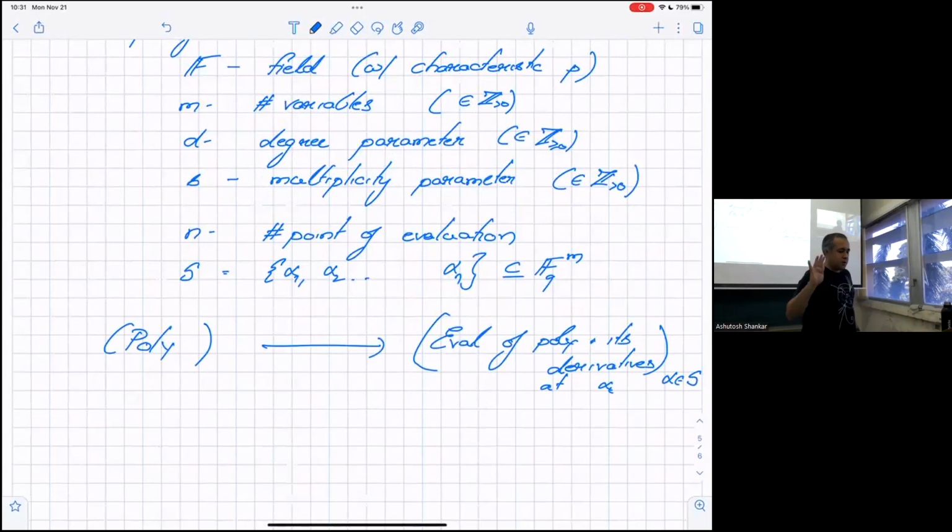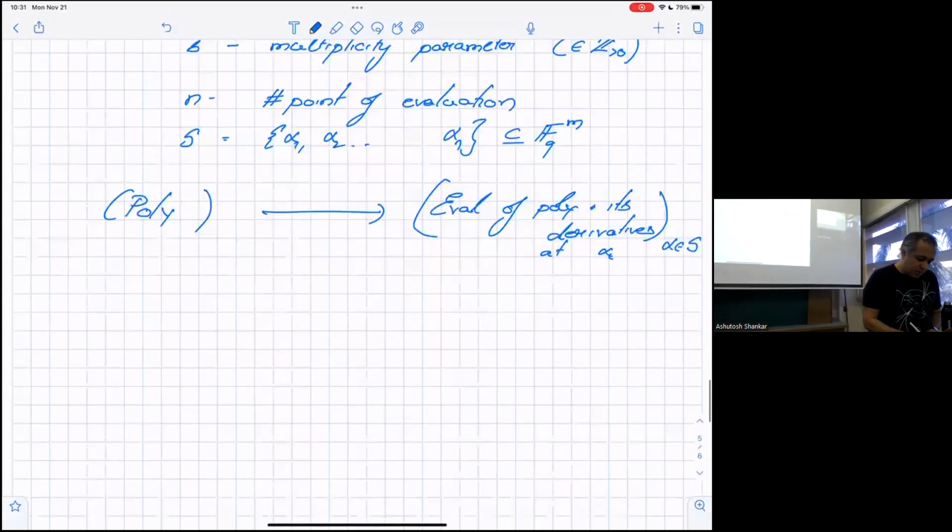Let's spell it out a little more closely. The message is the set of all degree D polynomials. How many are there?